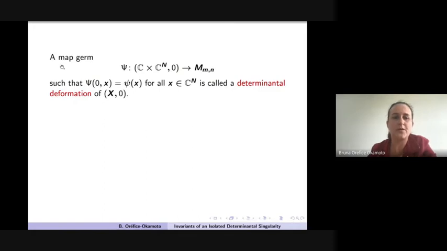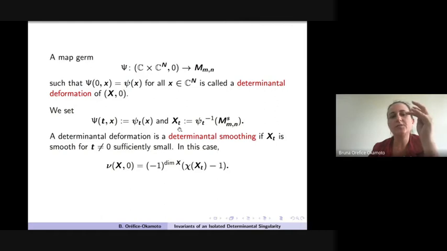Well, some more definitions. A map germ, capital Psi, from C times C^n to M_{m,n}, such that capital Psi of (0,x) is the previous psi, is called the determinantal deformation of my X. And a determinantal smoothing is a determinantal deformation such that, if I consider t fixed here, then the map Psi_t defines a variety, which I call X_t, and if it is smooth for all t not 0, then I call it a determinantal smoothing.